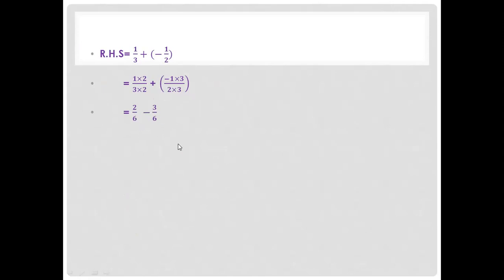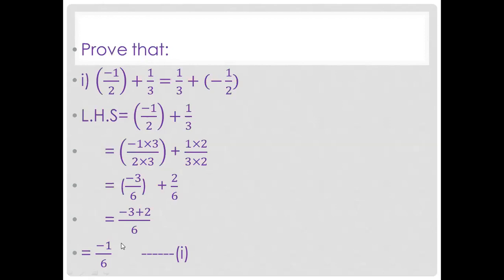Again, the denominators are the same, so the common LCM is 6. So 2 minus 3. If there is no sign with 2, it is understood to be positive. So 2 minus 3 is minus 1. We subtract them and put the sign of the greater number. Minus 1 over 6. You can check that in the left hand side you get minus 1 over 6, and similarly in the right hand side you get minus 1 over 6.